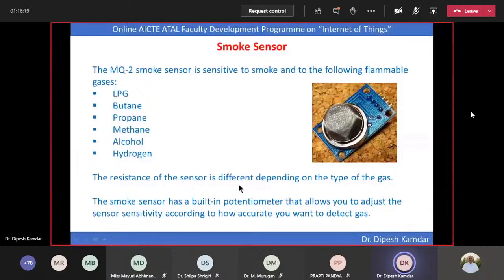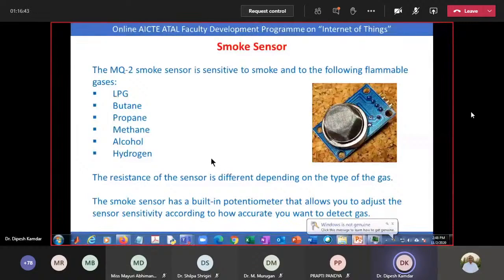So if we use the sensor, its resistance will change depending on the kind of gas. The smoke sensor has a built-in potentiometer that allows you to adjust the sensor sensitivity according to how you want to detect the gas.